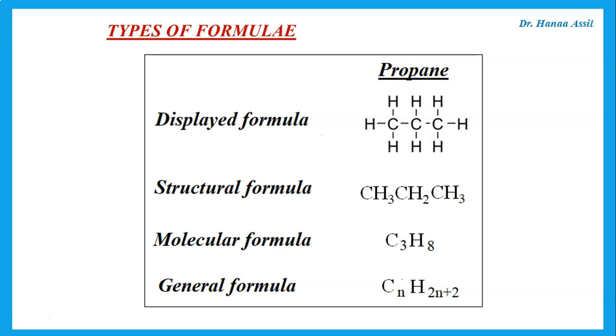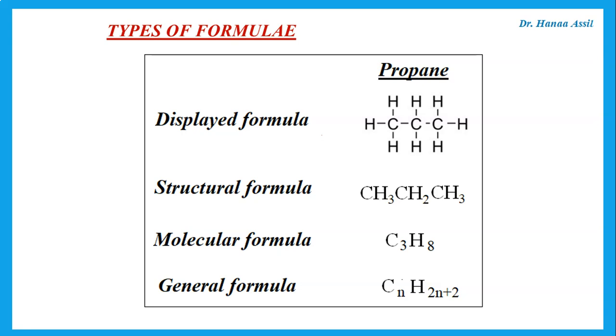Now, types of formula. If we're asked to draw displayed formula, that means we show all the atoms and all the bonds. So let's say this would be the displayed formula of propane. But if we're required to write structural, then each carbon has how many hydrogens around it? The carbon on the left has 3 hydrogens, so I write it as CH3. The carbon in the middle has only 2, CH2.